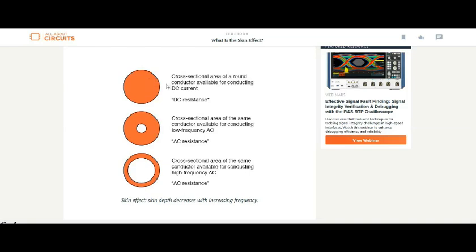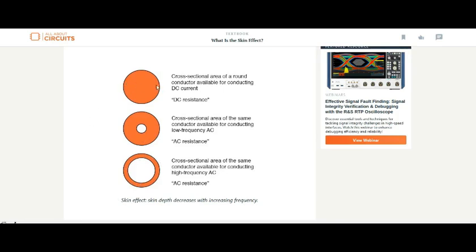Here's where it's a slow frequency AC resistance, and here is the cross-sectional area of the conductor with a high frequency AC resistance, and you see that it's much, much smaller.